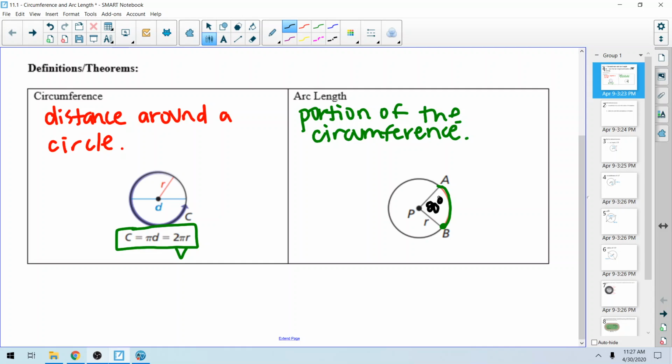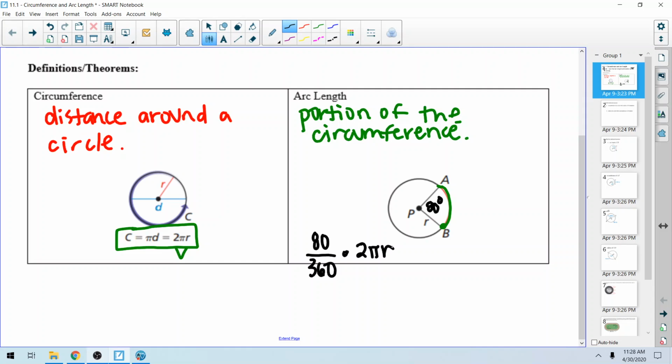Well, AB is 80 degrees out of 360, which is the whole circle. That's your ratio. It's telling you how much of the whole circle you're dealing with, and I want to convert that into a length. So then you would multiply it times the circumference, which in this case would be 2 pi r.